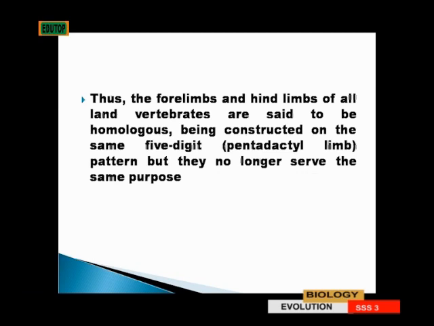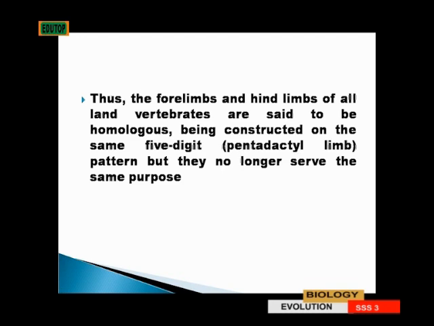So they are said to be homologous because they are constructed on the same pentadactyl limb. That's the five-digit pattern. Monkeys have that. You have gorillas and so many other mammals that are constructed on that same pentadactyl limb. That's the five digits, but they no longer serve the same purpose.